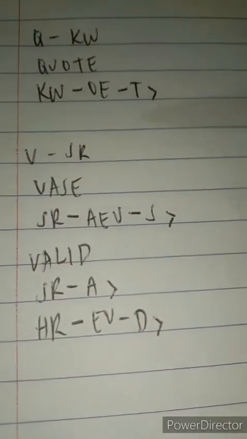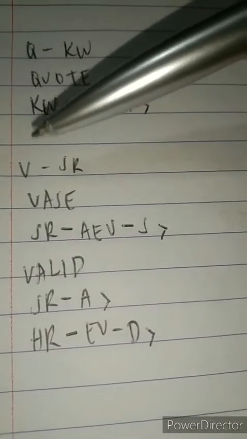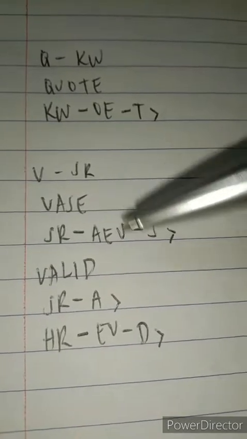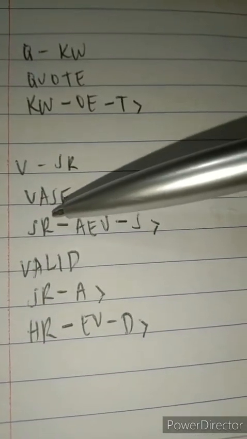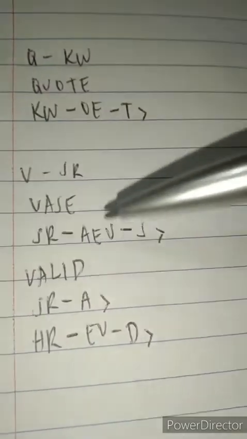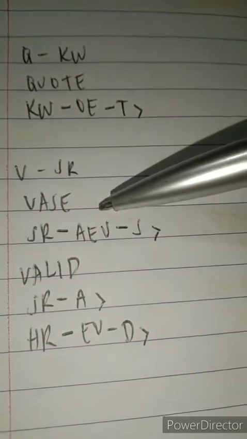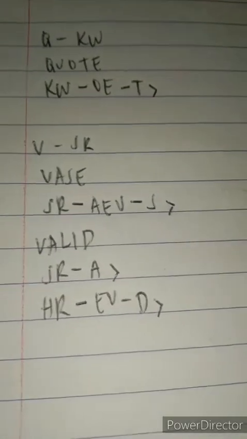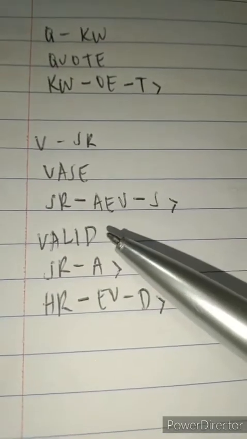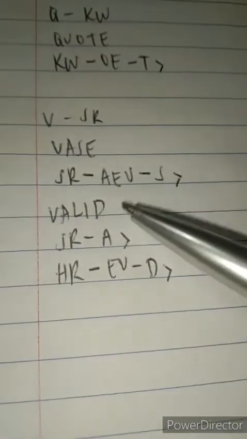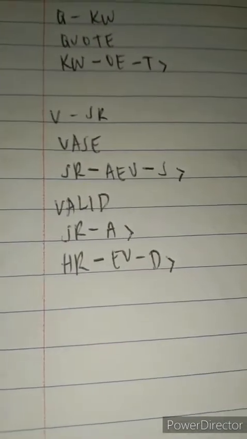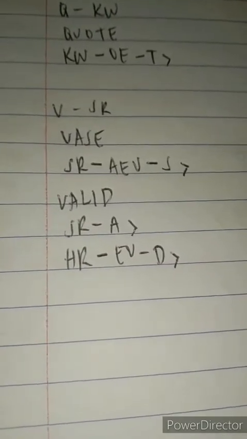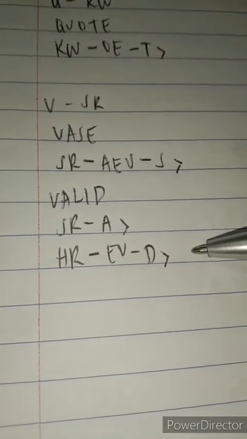Next is the letter V. V is represented by S and R. This example, vase, SR for V, and then vowel letters A, EU, and then ending letter S, and then release. And next example is the word valid. It has two syllables, so we separate each syllable, va and then lid.